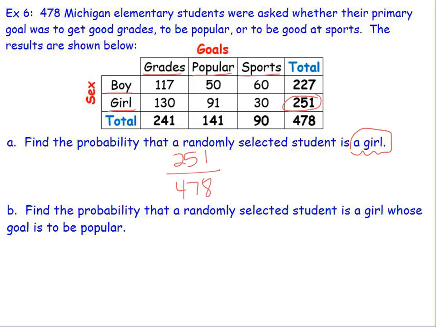Now, we're going to look at another question. Find the probability that a randomly selected student is a girl whose goal is to be popular. Well, some people are like, well, is this a conditional probability or is this a regular probability?